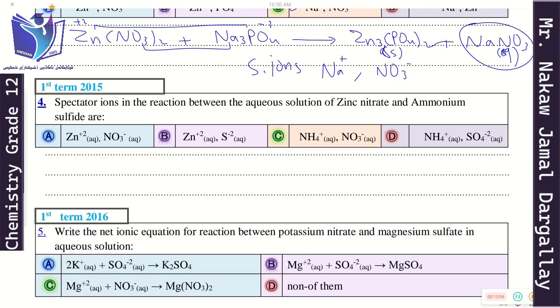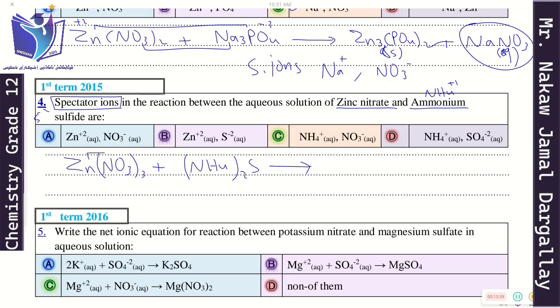Spectator ions also. The requirement of the reaction is spectator ions between the aqueous solutions of zinc nitrate, Zn(NO3)2, with ammonium sulfide. Careful, it is not ammonia, it is ammonium NH4 positive 1, and sulfide S negative 2, so ammonium sulfide is (NH4)2S.